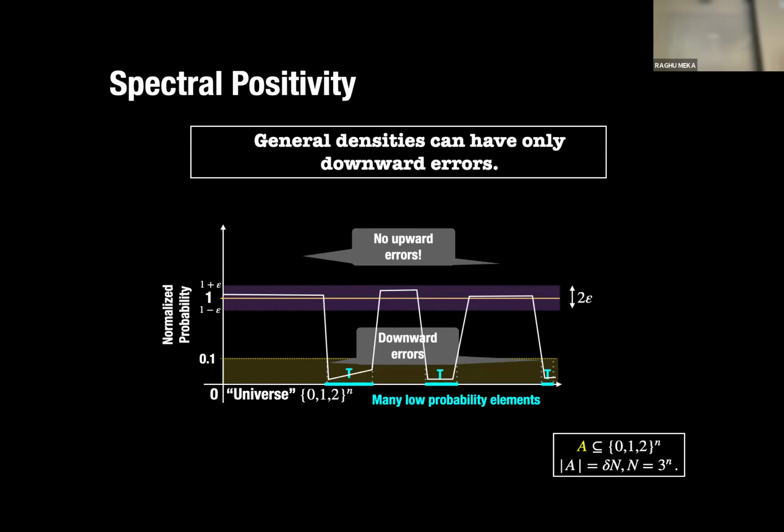In particular, I can have a function where the upward deviation is completely within the band, but suddenly there are a lot of downward. This is totally possible. There's nothing that rules it out. I could always be like 1.01, 1.01, and then suddenly drop down for a tiny number of elements all the way to 0 or even to 0.1 or something, and then go up. There is no general equivalence we can show between upward and downward errors. Okay?